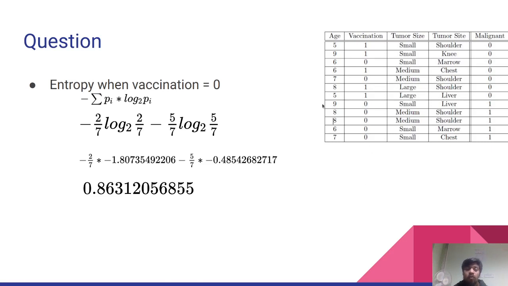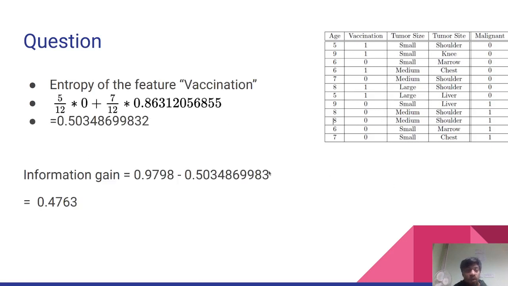So this is the entropy without any weightage, but there are 5 ones and 7 zeros, so whenever we calculate entropy, we have to calculate with respect to that.